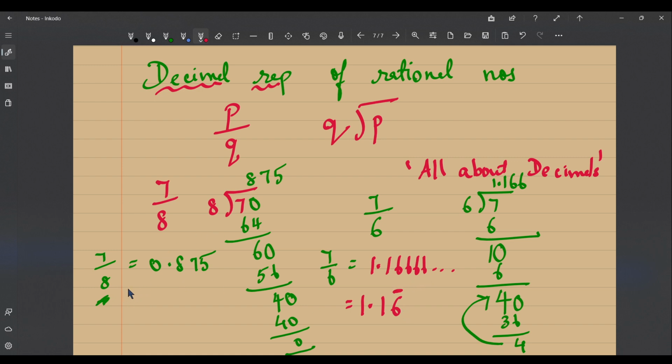So this decimal 7 by 8, we found that it was terminating. Whereas this one is non-terminating. And it is also recurring.